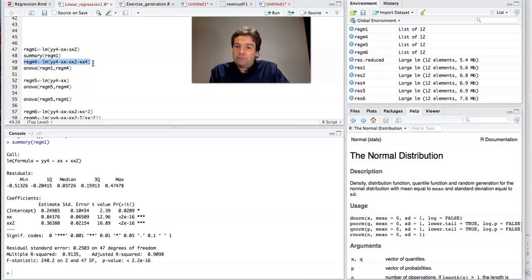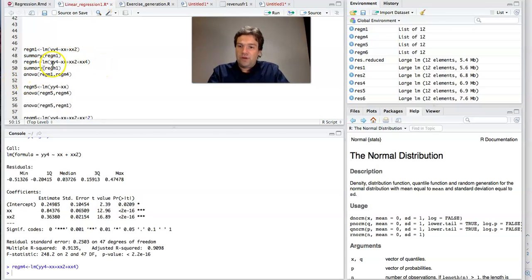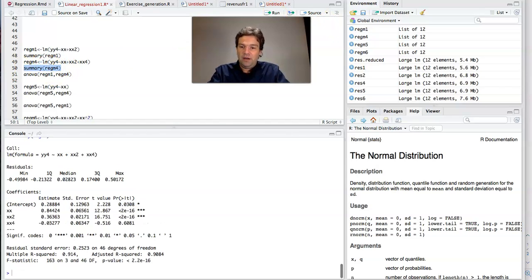There is a model which is Y, the income, as a function of X1, let's say the age, X2, let's say the education level, and X4, let's say it is the height of the individual. And let's run this model and make its summary. That would be the summary of this object, regm4.